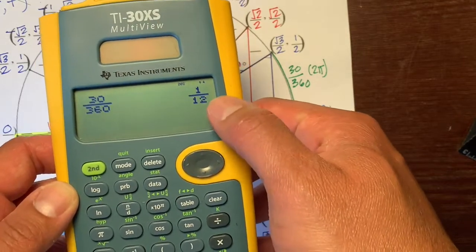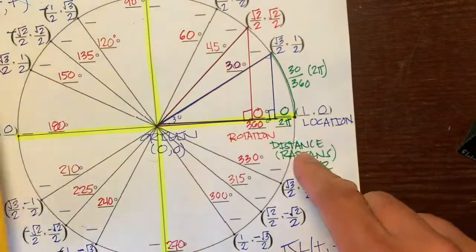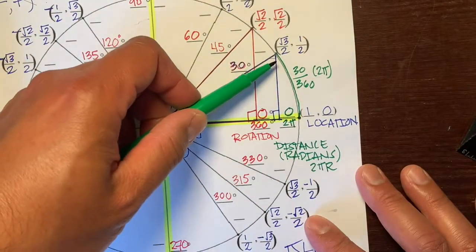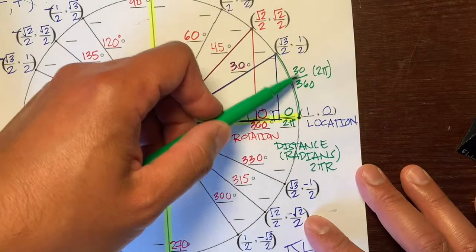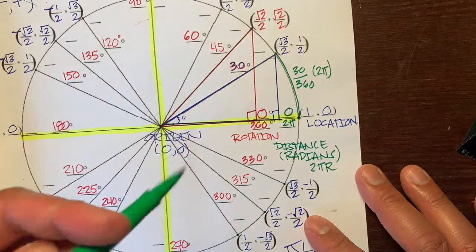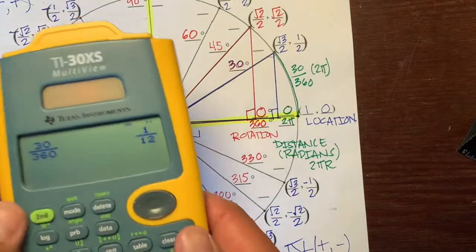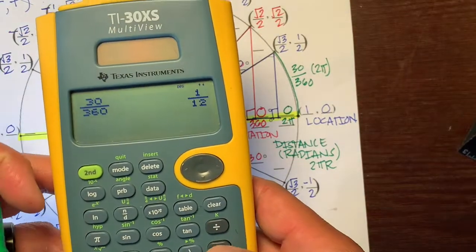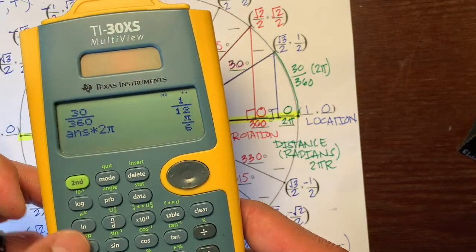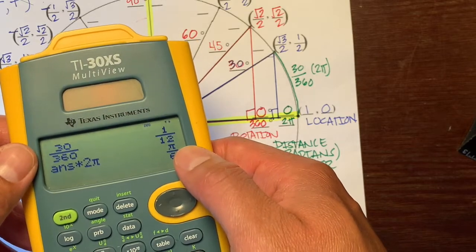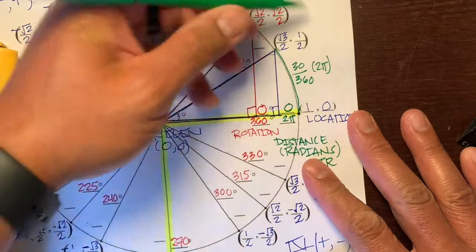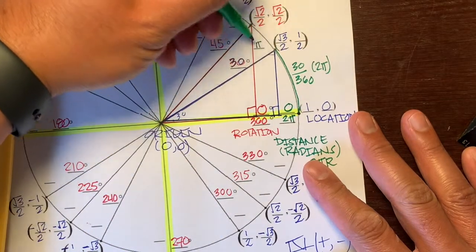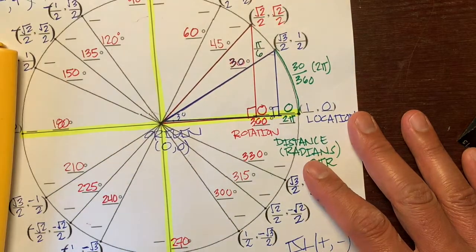That's 1/12, so we're only going 1/12 of the entire circle. So we want 1/12 of 2 pi. If I multiply 1/12 times 2 pi, that's just pi over 6. So this distance from here to here is pi over 6.